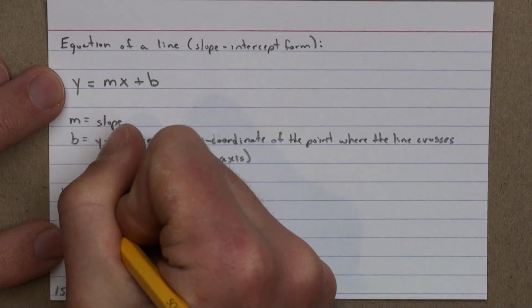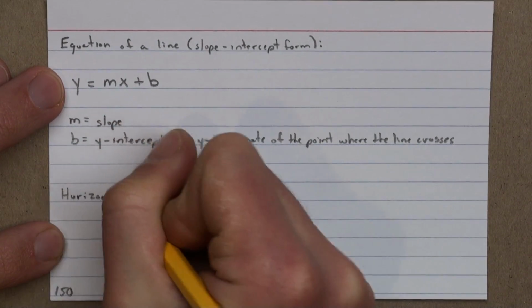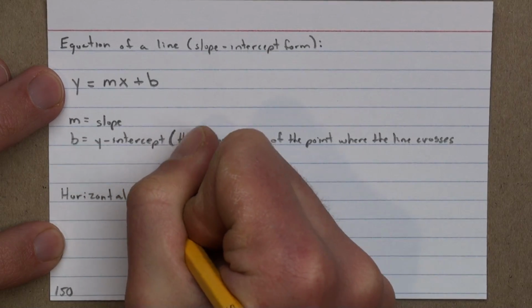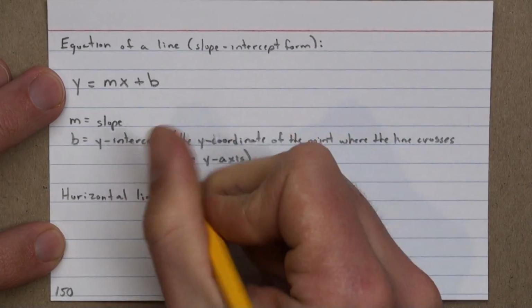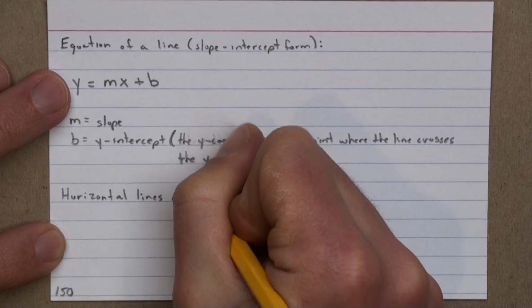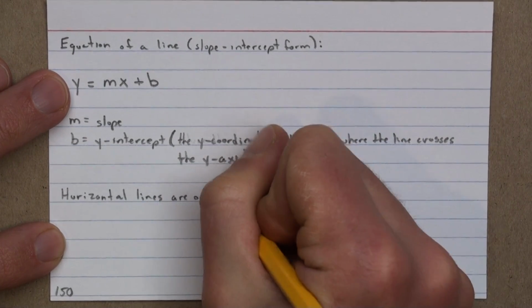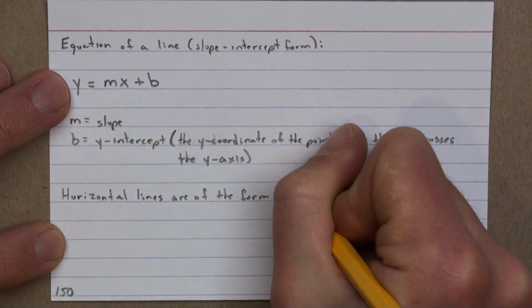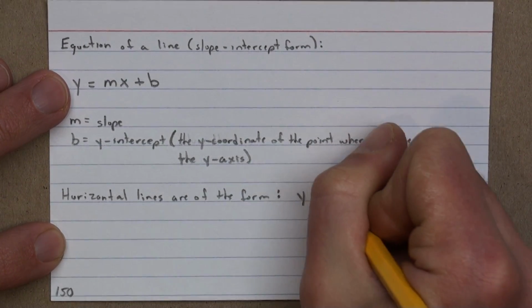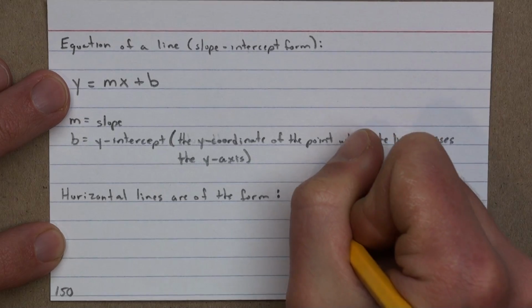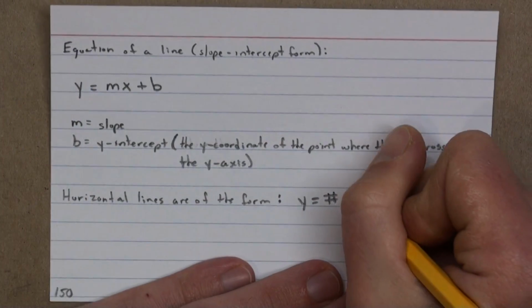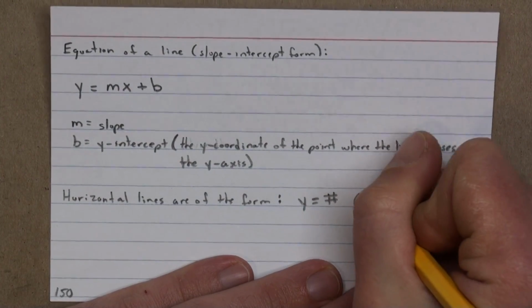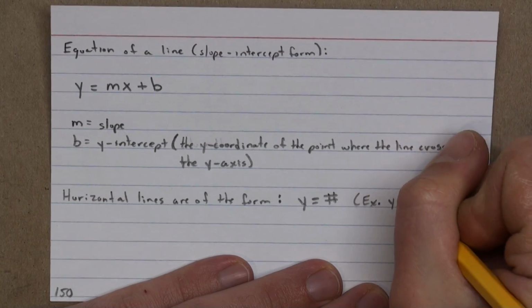So now horizontal lines are of the form y equals some number. Okay, and for example, y equals 3.